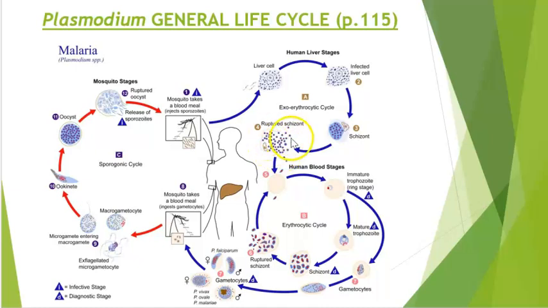So our schizonts have an option here of going ahead and rupturing, or we can go on down and start affecting the red blood cells. Here's our little red blood cell. The parasite goes into the troph stage, and this is the ring stage. This is where we can start to actually see rings within our red blood cells for the trophs. But in the blood you can also see the schizont stage, and remember this is asexual reproduction by binary fission.